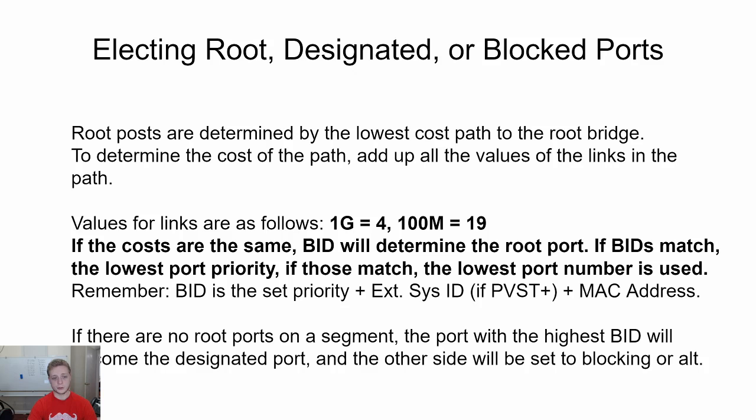Now, root ports are going to be determined by the lowest cost path to the root bridge. To determine the cost of the path, we're going to add up the values of the links. The values for the links are: gigabit is going to be a value of 4, 100 megabit is going to be a value of 19. And if the costs are the same, the bridge ID will determine the root port.